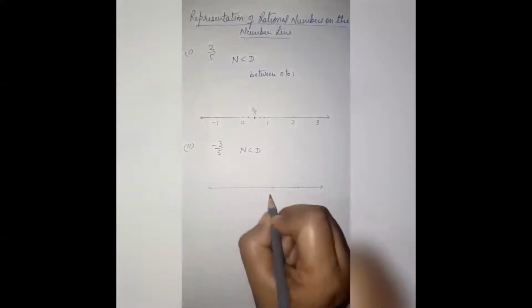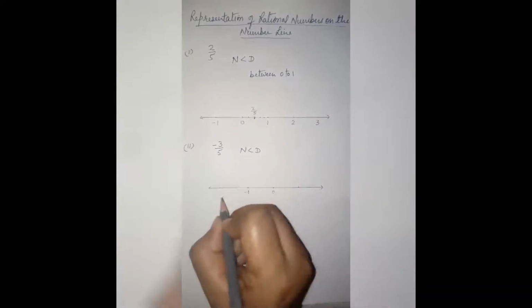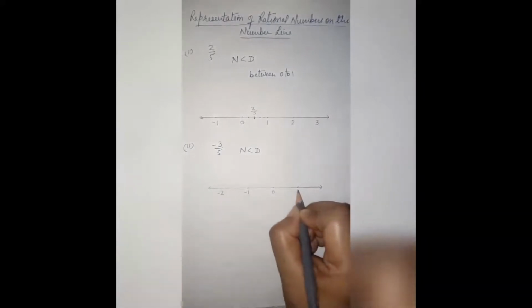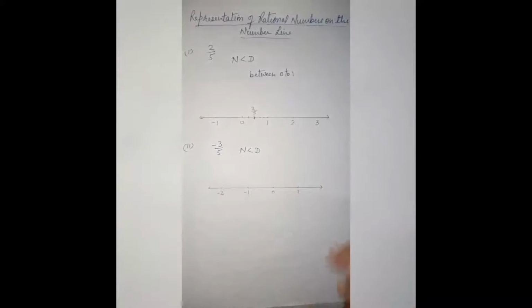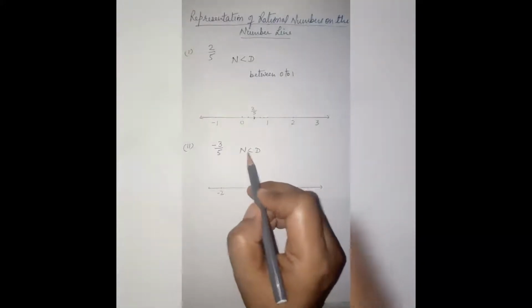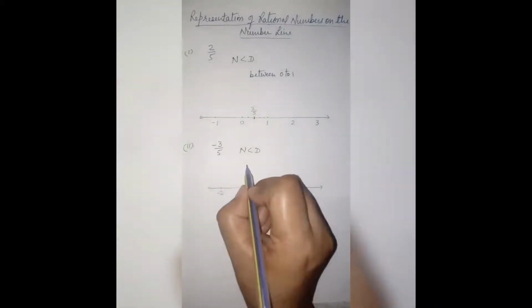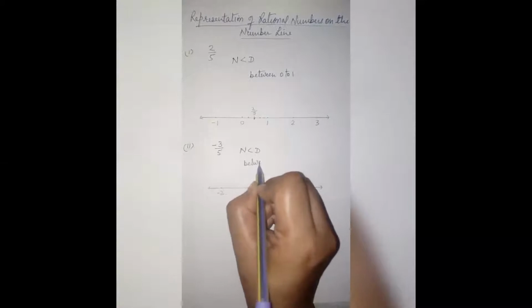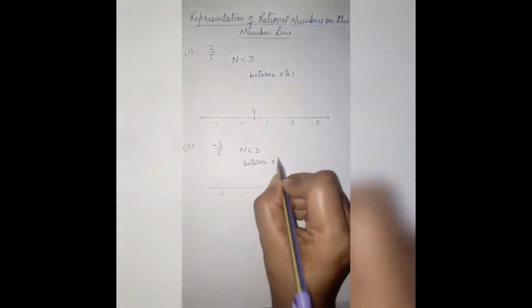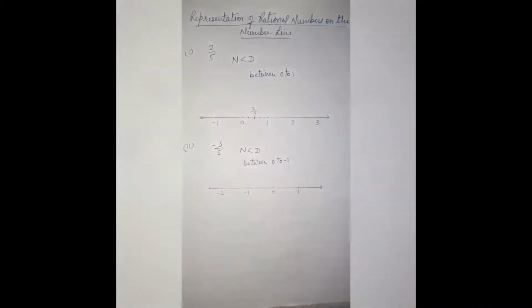And as I have told you, the numerator is smaller than the denominator, so you will mark this rational number between 0 and minus 1. Remember this.